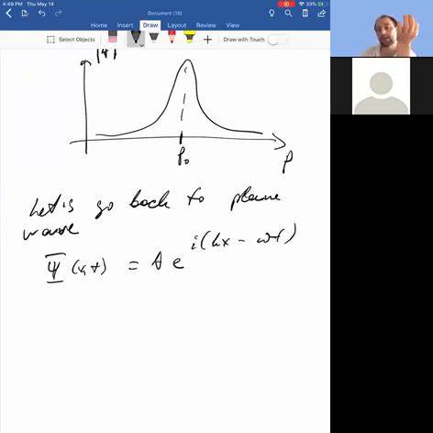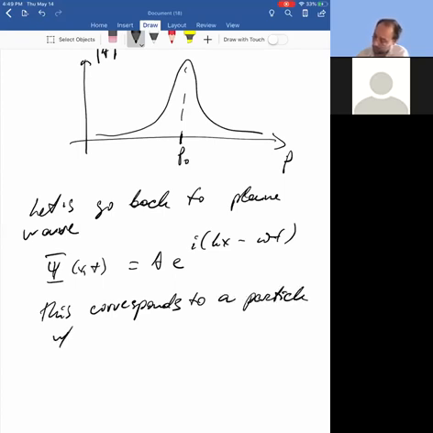This has a particular wave number. So this corresponds to a particle with momentum h bar k, let's say k naught and omega naught, h bar k naught.